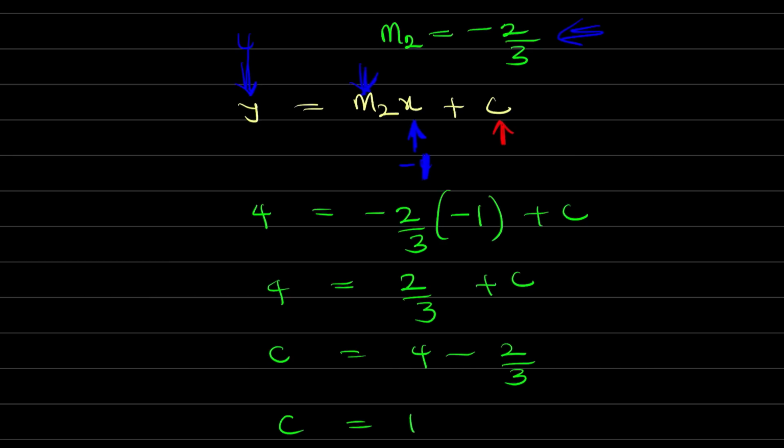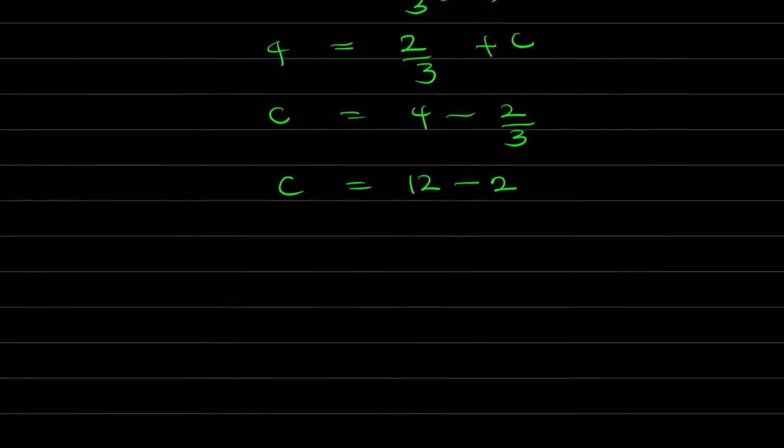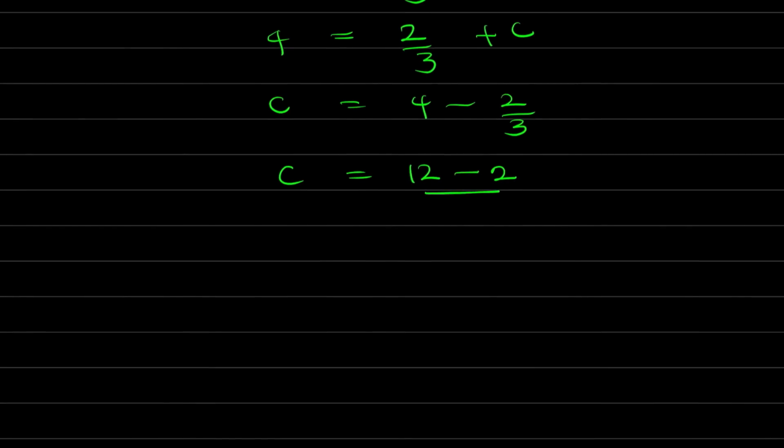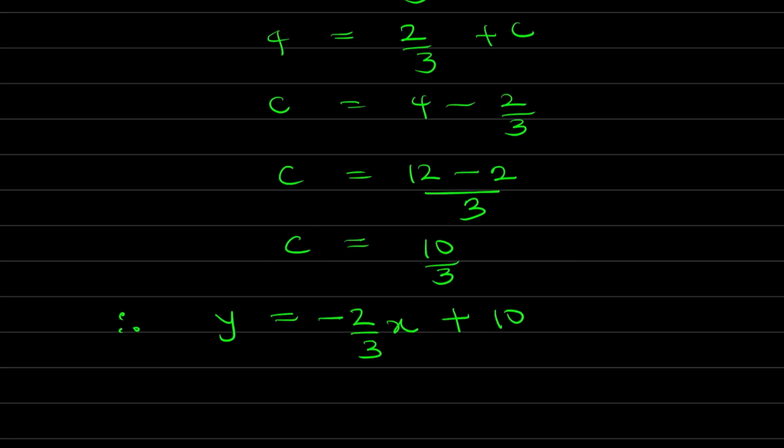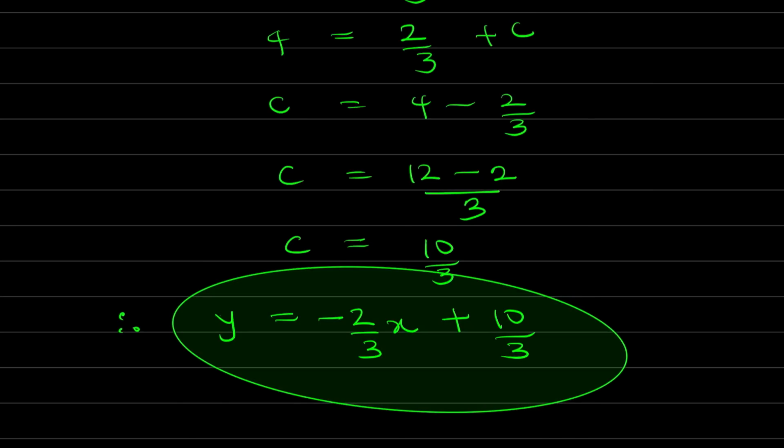That means c is 12 minus 2 over 3. So c is 10 over 3. Therefore, our final equation of the parallel line is y equal to negative 2 over 3 x then plus 10 over 3. This is the required equation, and our work is done for this problem.